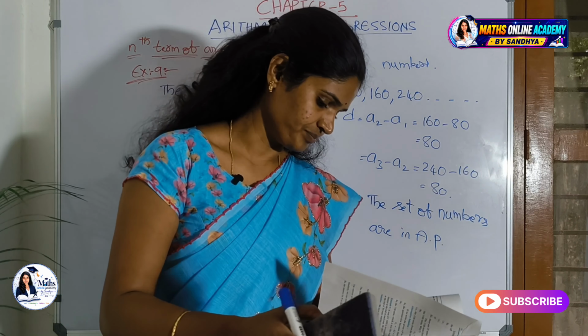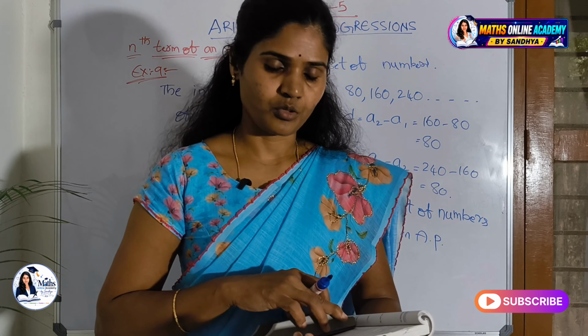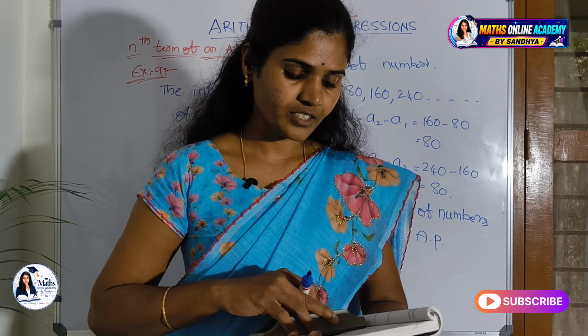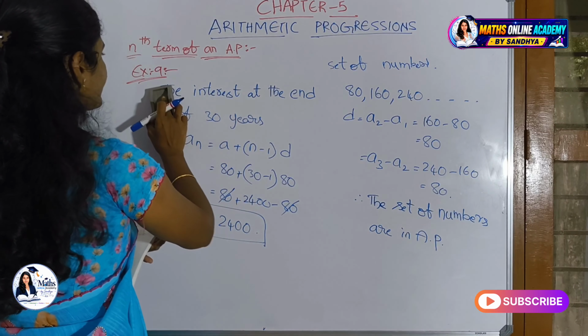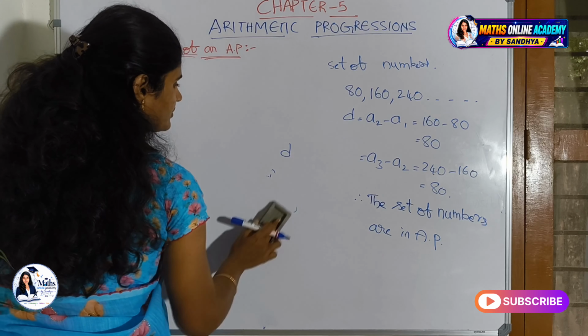Example 10. In a flower bed, there are 23 rose plants in the first row, 21 in the second row, 19 in the third row, and so on.